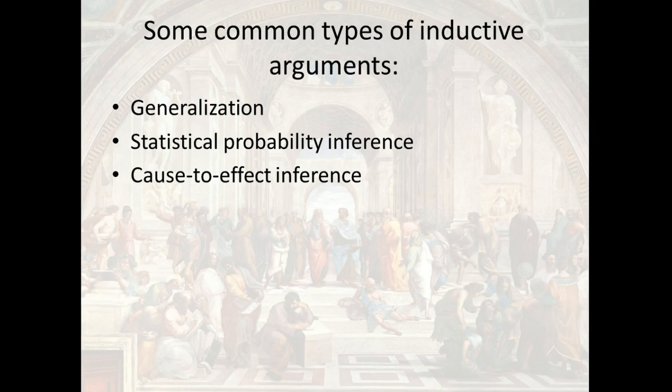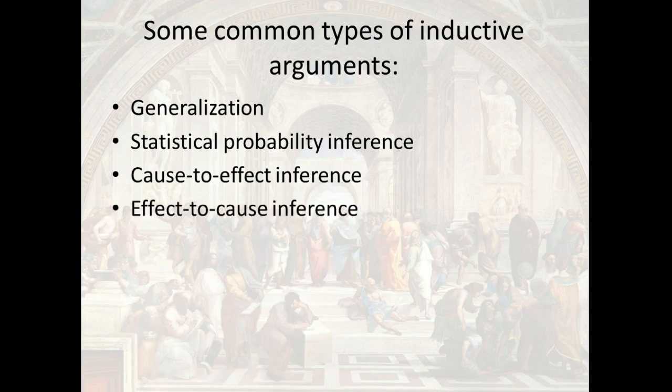So this is, I see a certain cause and effect all the time, and then all of a sudden I see the cause and I infer that we're going to see the effect. So for example, a meteorologist observes a cold front advancing towards a mass of warm, moist air over the Midwest and concludes that there will be showers and thunderstorms tomorrow because in a large portion of cases where he's seen that before, the effect is showers and thunderstorms.